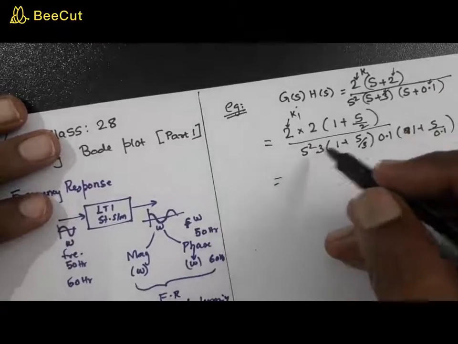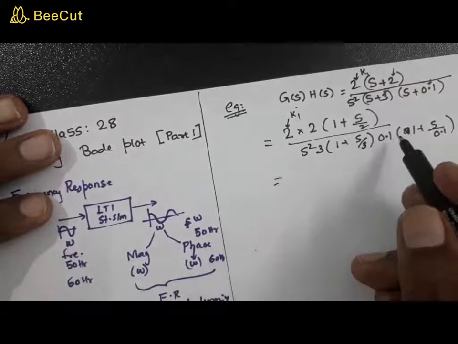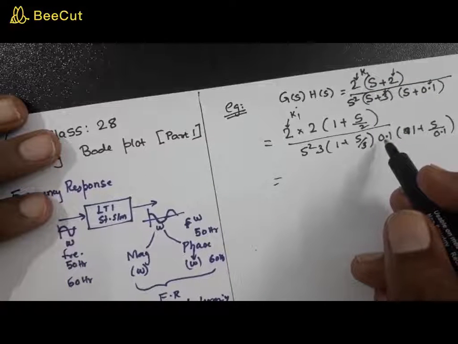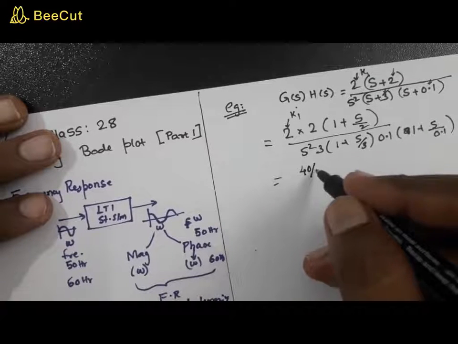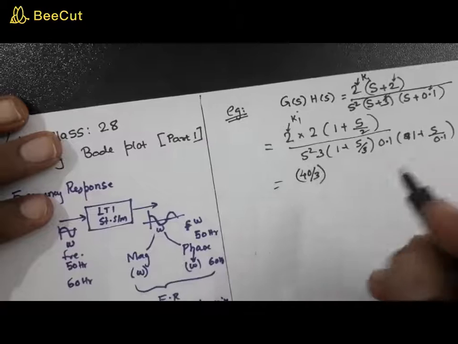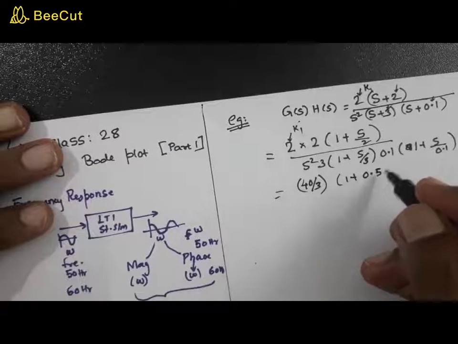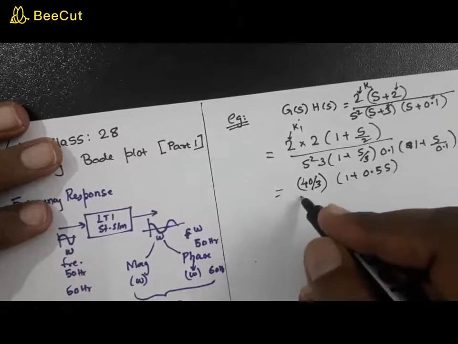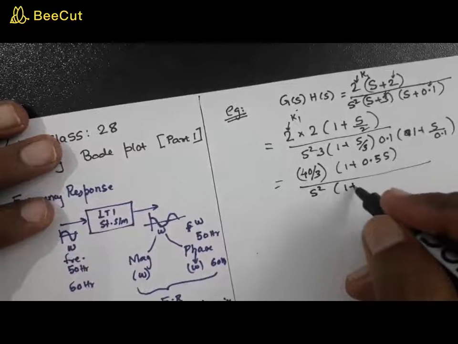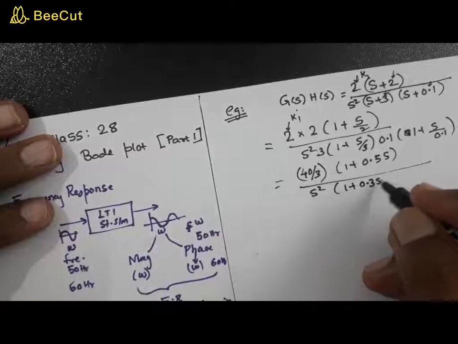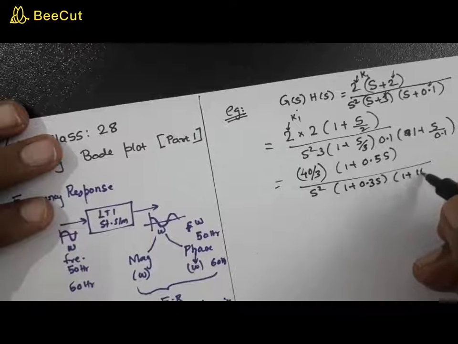Now rearranging this, you will get 2 into 2, 4, divided by 0.3, or 40 divided by 3. So you will be getting this as 40 divided by 3 into (1 plus 0.5s), since s by 2 is 0.5s, divided by s square into (1 plus 0.3s), since 1 by 3 is 0.3, into (1 plus 10s).